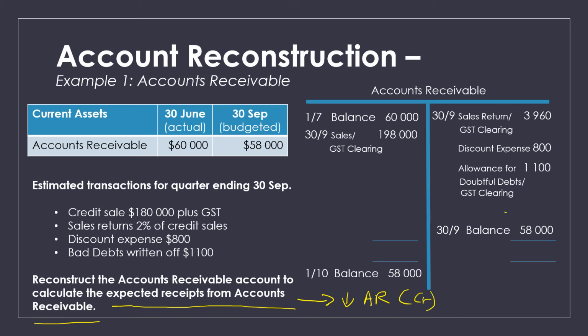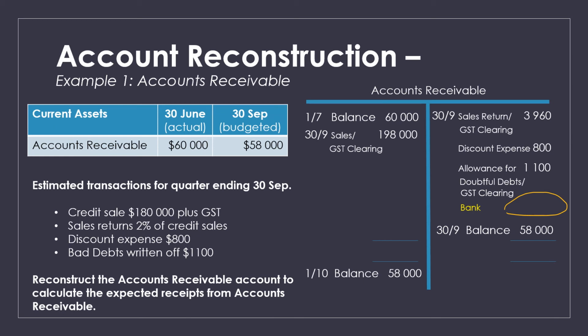For this, we put a circle on the credit side of the ledger account to let us know that this is where the missing figure sits. It will have a cross-reference bank, since this is a receipt from the accounts receivable. To calculate the missing figure, we firstly start by adding up the current amounts on the debit and credit sides of the ledger account.